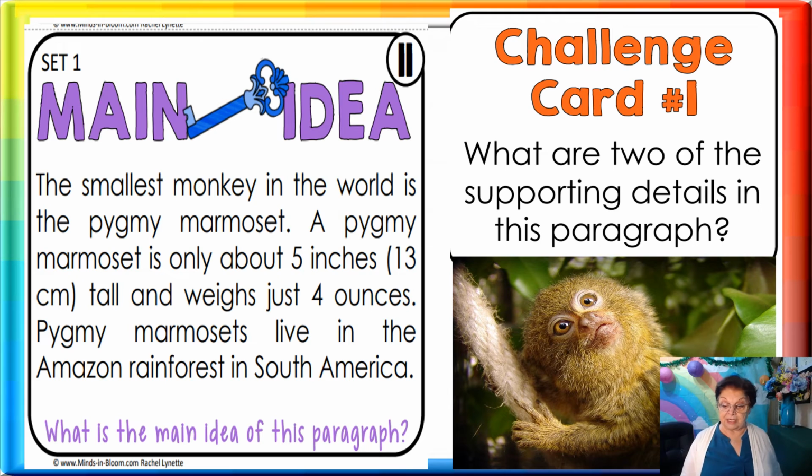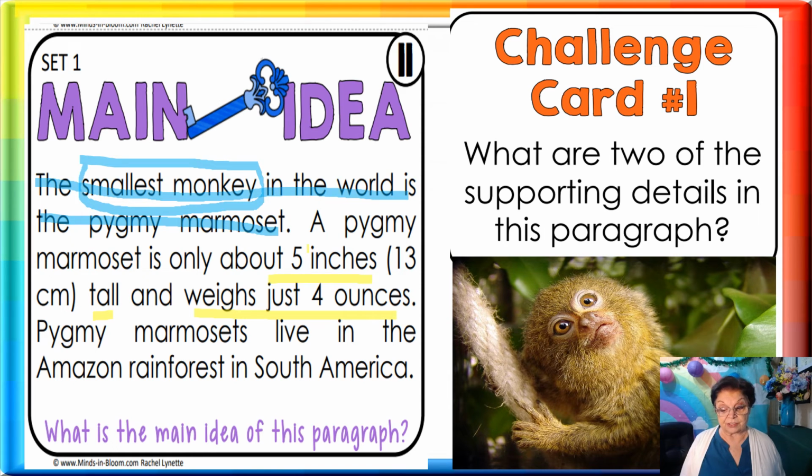So what do you think the main idea is? I'm going to highlight it in blue. What do you think it is? The whole paragraph is about the smallest monkey in the world being the pygmy marmoset. Now, it's about the smallest monkey. That's the main idea. And here are some supporting details. It's only about 5 inches tall and it weighs just 4 ounces. Now, it's very cool that the pygmy marmosets live in the Amazon rainforests of South America.